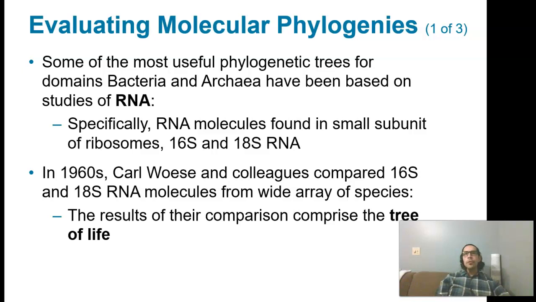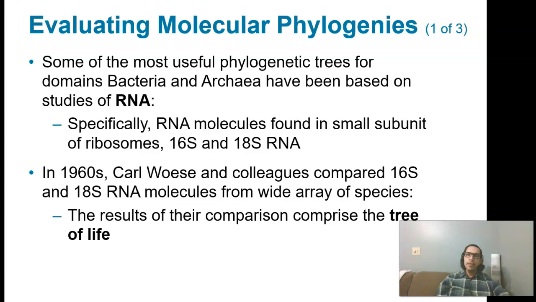Some of the most useful phylogenetic trees for domains Bacteria and Archaea have been based on studies of RNA. They use RNA sequences to see how similar the domains are.